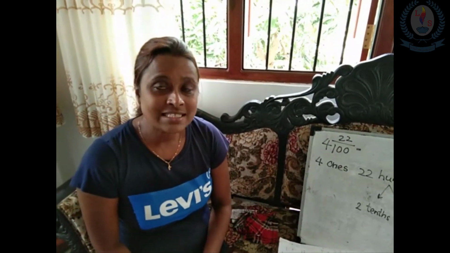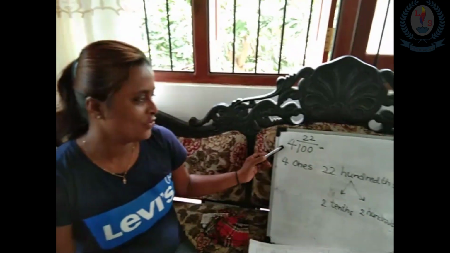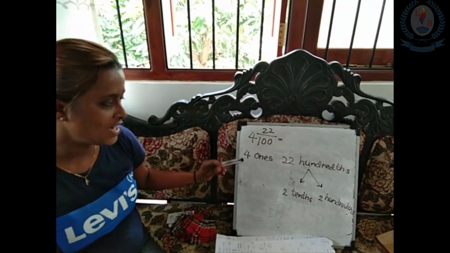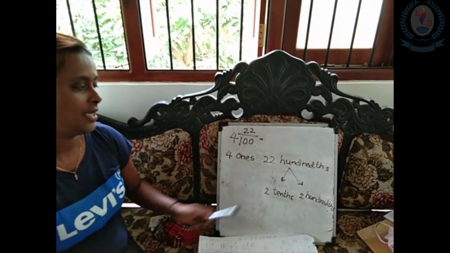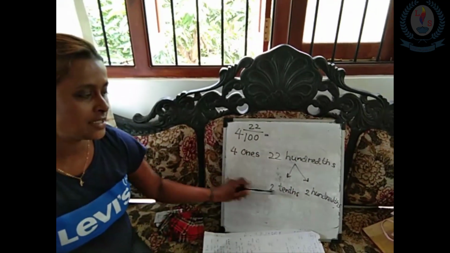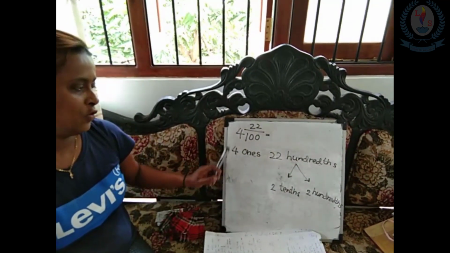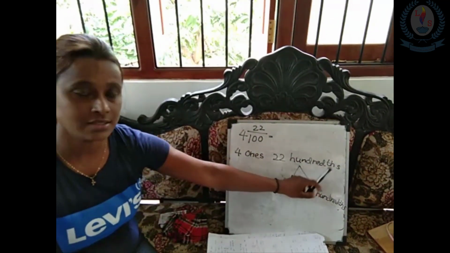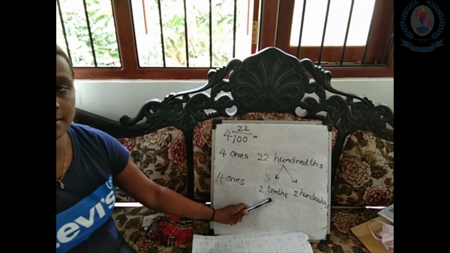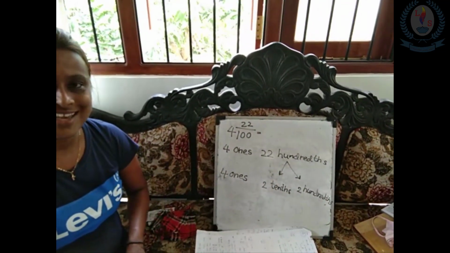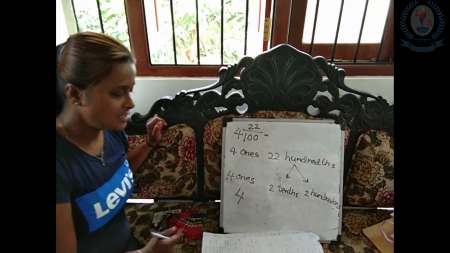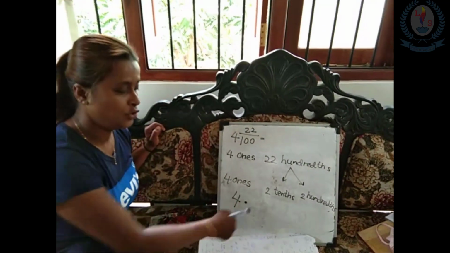Now let's write mixed hundredths as decimals. Look at this: 4 and 22 hundredths. Here there are 4 ones and 22 hundredths. This 22 hundredths again we can break into 2 parts as 2 tenths, 2 hundredths. Now let's write as a decimal. 4 ones, then the decimal point, 2 tenths.